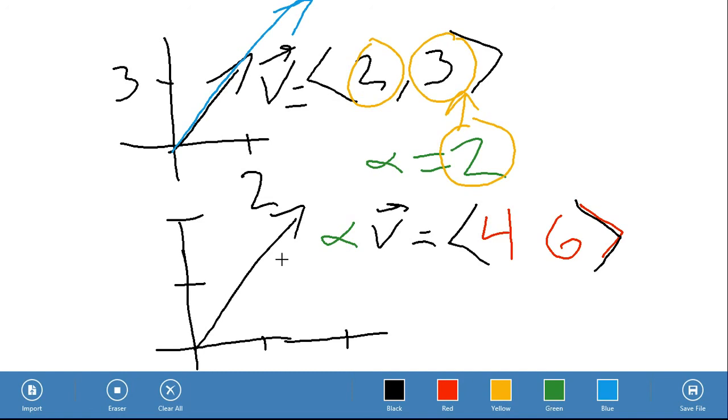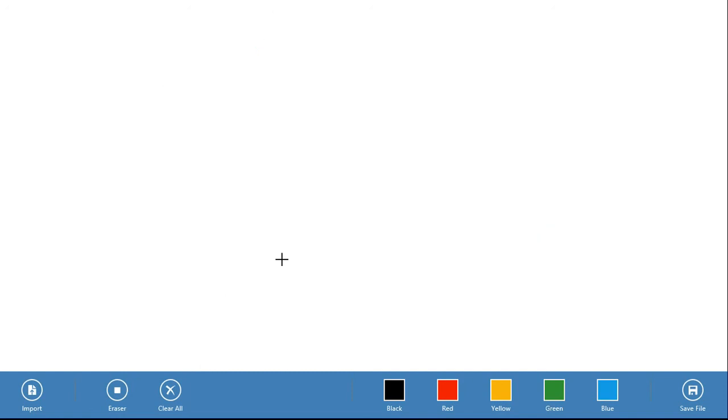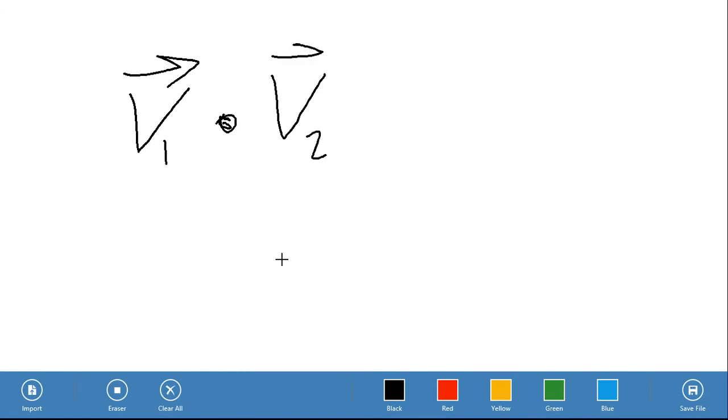And next time, we'll look at something called a dot product, which is what's going to happen when you take a vector, call it v1, and multiply it by another vector. So you can go ahead and think about that and wonder what you think we'll get out.